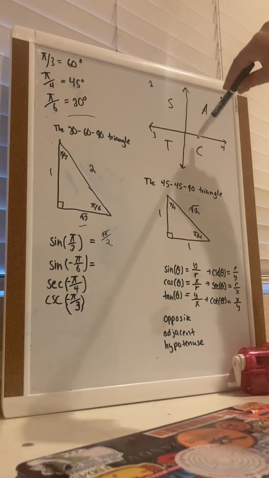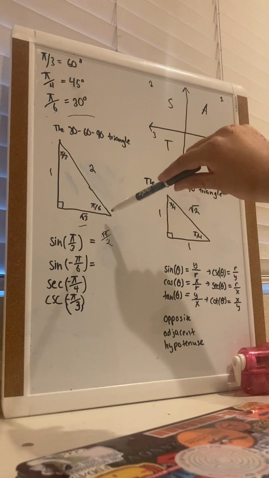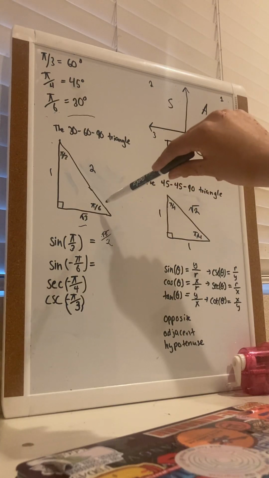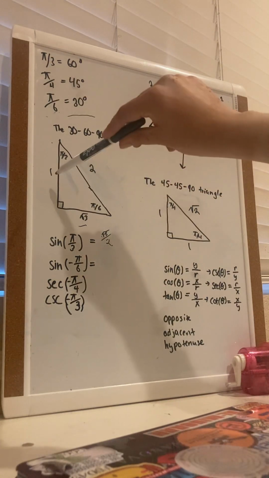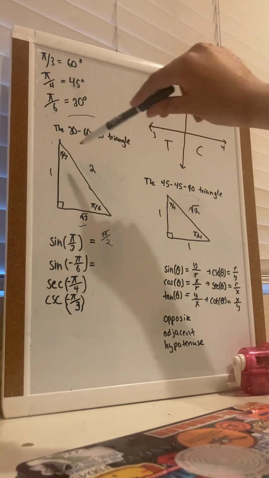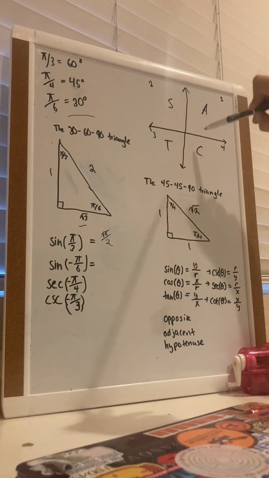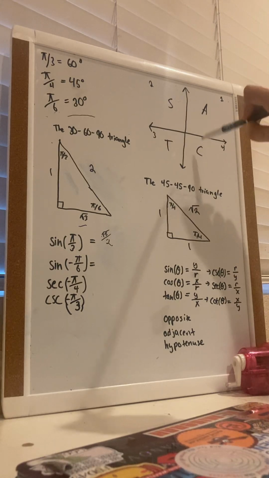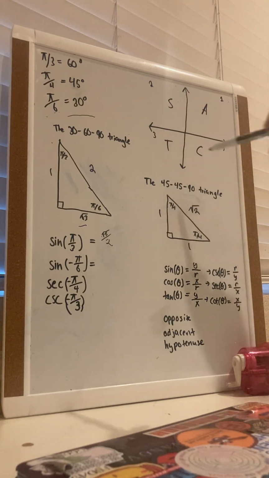So our original answer for normal pi over 6 was 1 over 2, opposite over hypotenuse. But because it's negative in this quadrant, it'll be negative 1/2. That's what I do to work through it.